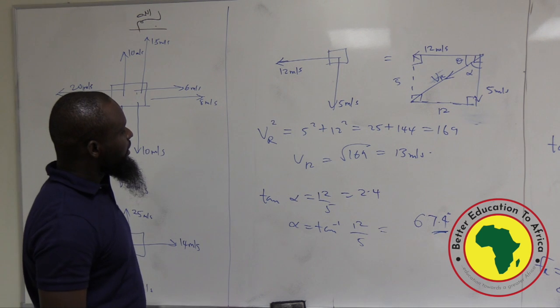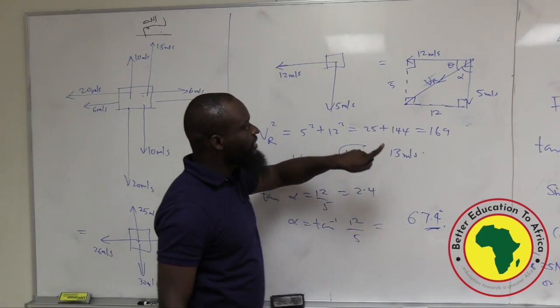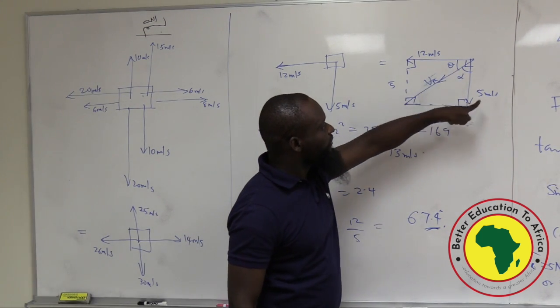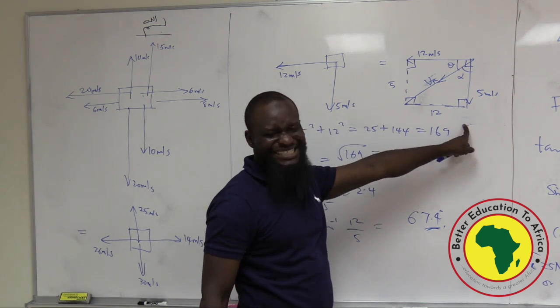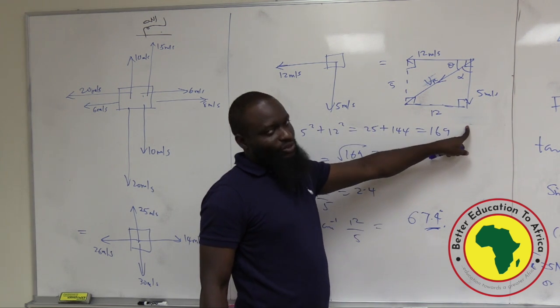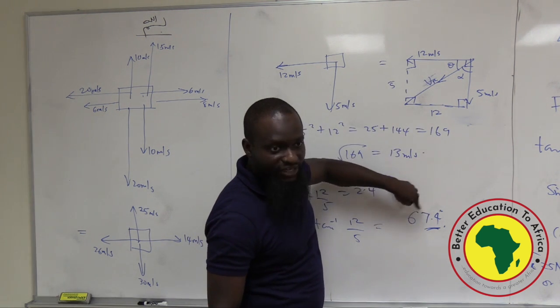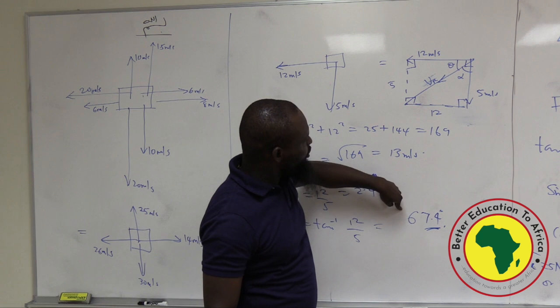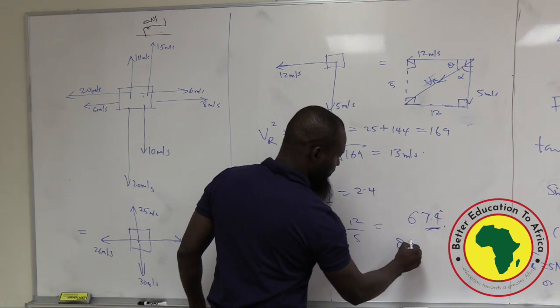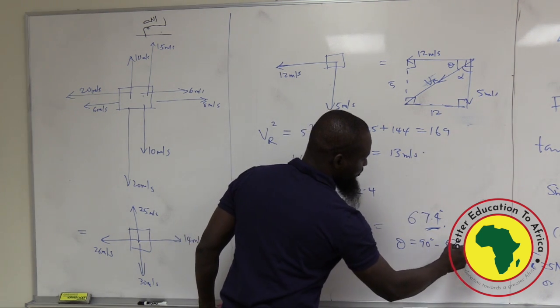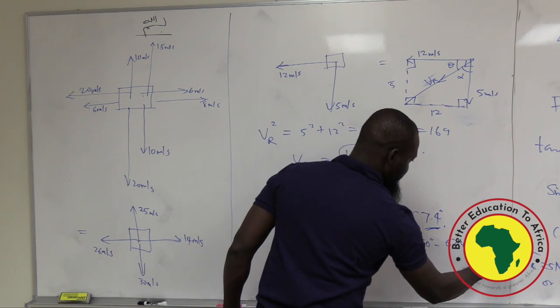So I will say my resultant velocity is 13 meters per second at an angle of 67.4 degrees to the negative y-axis. That is one way to describe it. Or I subtract that from 90, which gives me about 22.6 degrees, that's theta. 90 degrees minus 67.4 degrees, about 22.6 degrees.